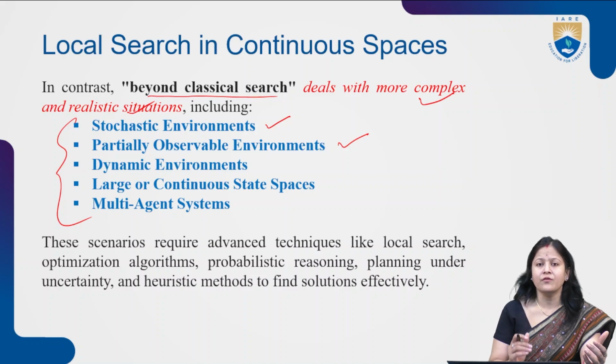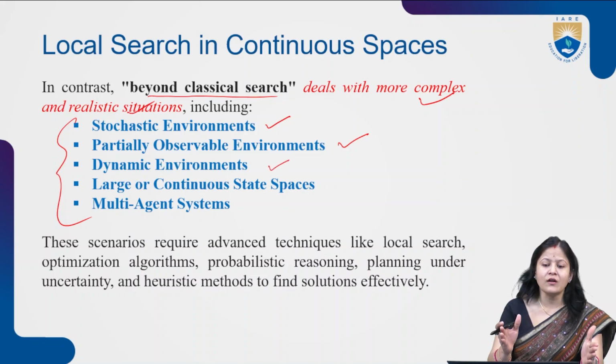When it drives on the street, the sensor can observe up to a certain distance, maybe 50 meters or 100 meters, but beyond that it cannot predict where the obstacle would be. So that type of environment is called a partially observable environment, where the agent, the self-driving car itself, has to explore during its exploration.